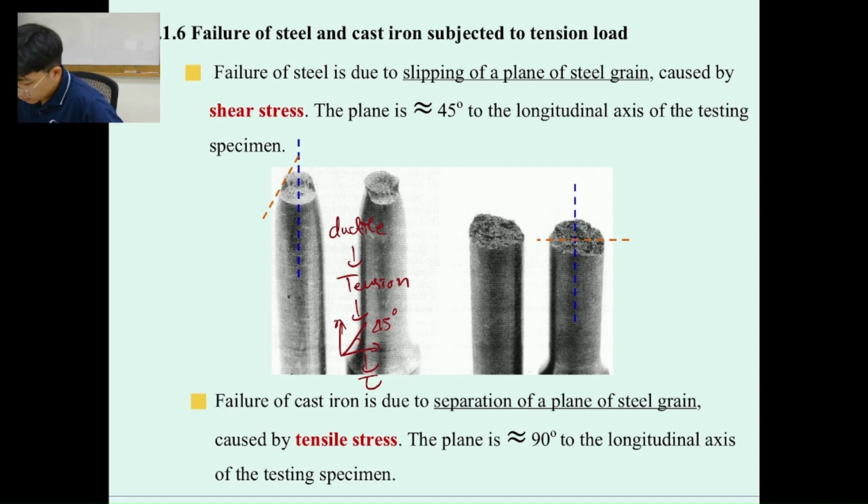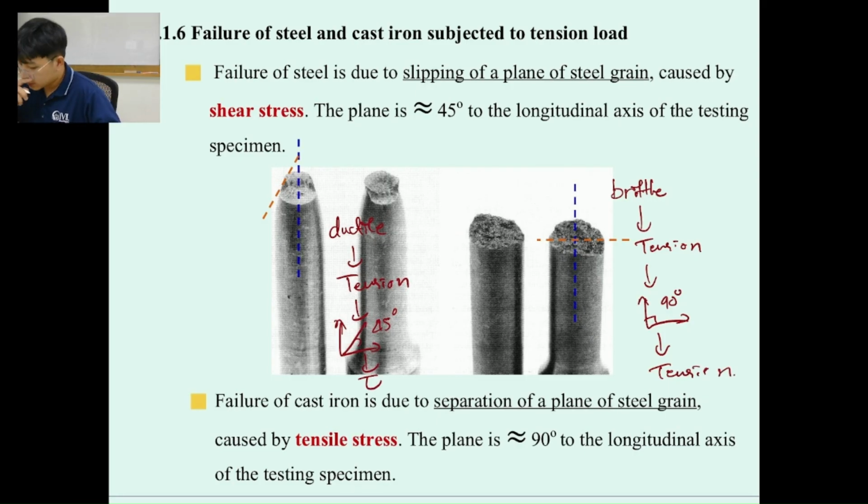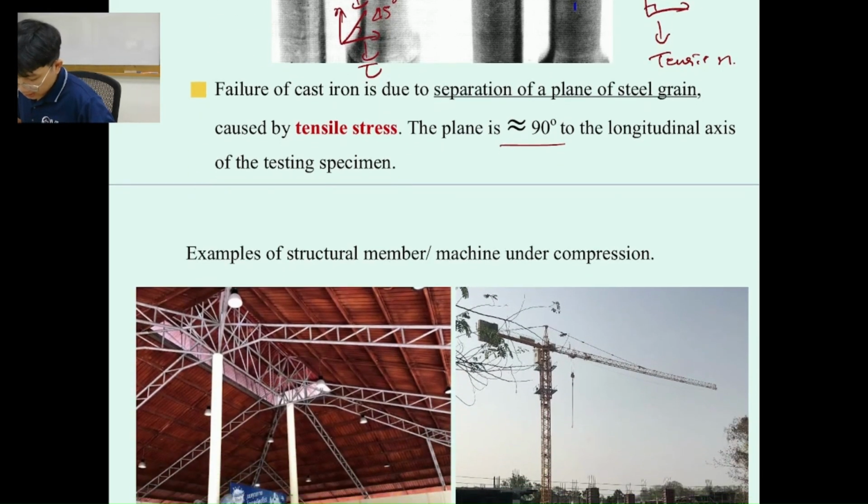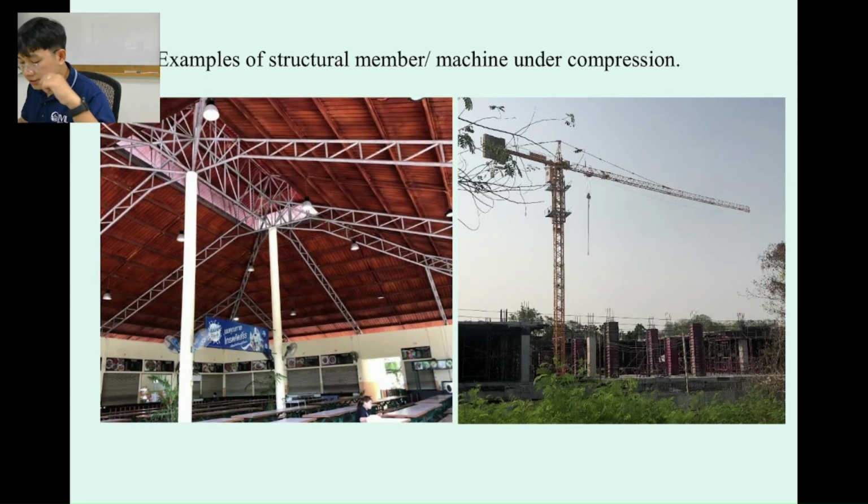And this one, brittle, which is cast iron, you pull it using a tension test, the angle of failure is going to be 90 degrees, and it's going to fail by tension. Okay, simple as that.